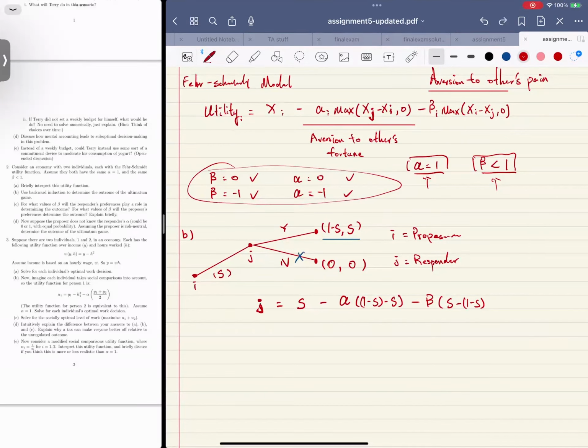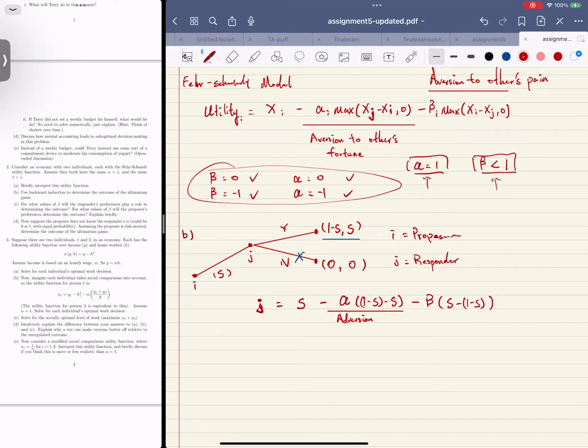So this is J's utility function: how J feels about the S dollars. It would depend on how much S would be. So we know in this case, this is aversion to what? Aversion to inequality when you are worse off than the other person. Aversion for other people's fortune.